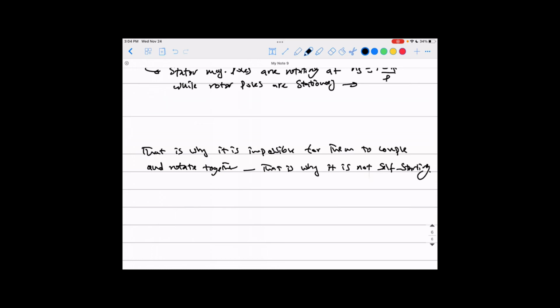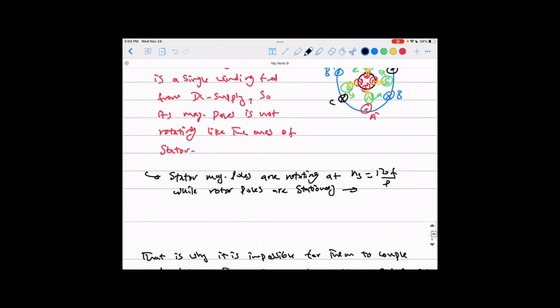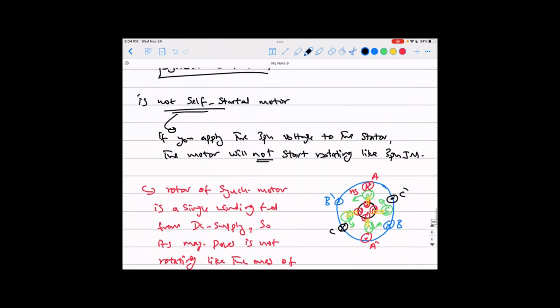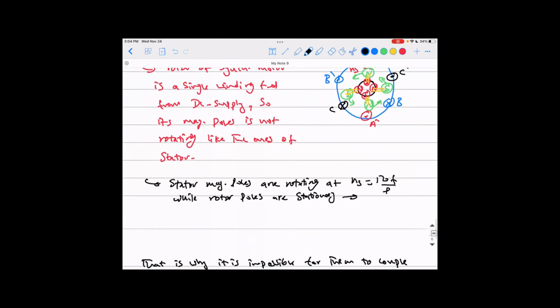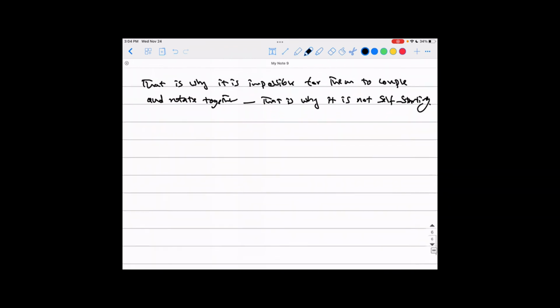That's what I'm saying. That's why this motor refuses to start on its own, because, as you're seeing here, there is a big difference between the speed of the poles of the stator and the poles of the rotor, and they have to couple and rotate together for this motor to start rotating. Okay, guys? So this synchronous motor requires an additional source, an additional method, to make it start.